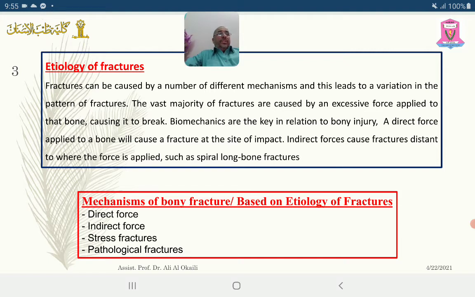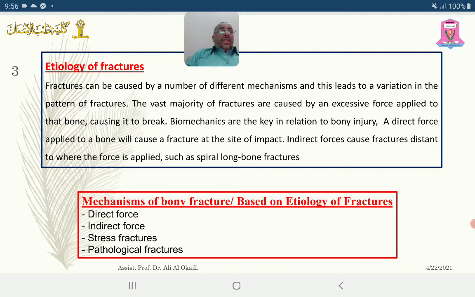Indirect forces cause a fracture distant to where the force is applied, such as spiral long bone fractures. أحيانا ضربة مباشرة تؤدينا إلى مثلا تسوي depression فعصة بالبون، أو could break at the site of the impact, could make a breakage of the bone. وأحيانا indirect force مثلا shear force، عملية رفع أثقال معينة، ما تسوي كسر في مكان applied force، وإنما in a distant area from the site of force، وهذا ما يسمى بال indirect force fracture.